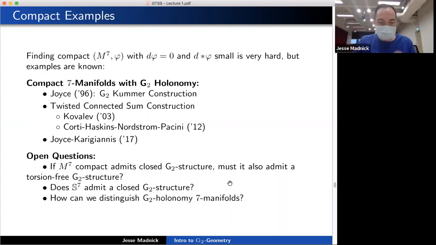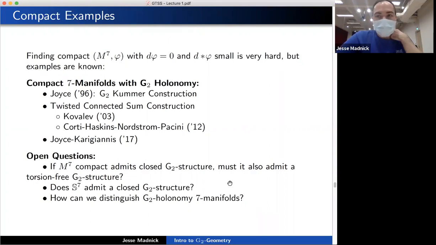And a very broad class of questions is how can we distinguish 7-manifolds with G2 holonomy? How can we tell them apart? What you'd like is to have invariants that would tell G2 holonomy manifolds apart.